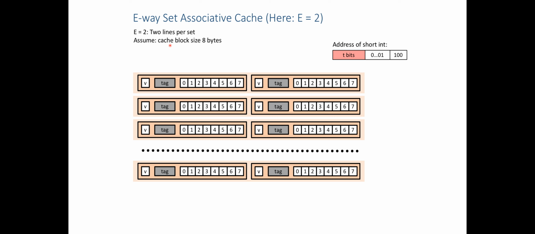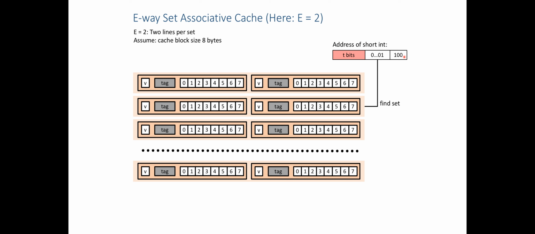We're saying that the cache block size in this case is 8 bytes. Here's our data that's going to be loaded into the cache. And then, of course, we need the tag, set, and offset bits for any address of this cache.